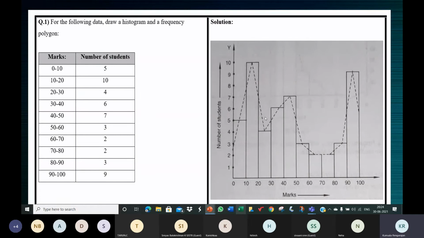Then from here to here. Then till here. Use a scale. It will not be a straight line. There'll be breaks. Then go up like this.